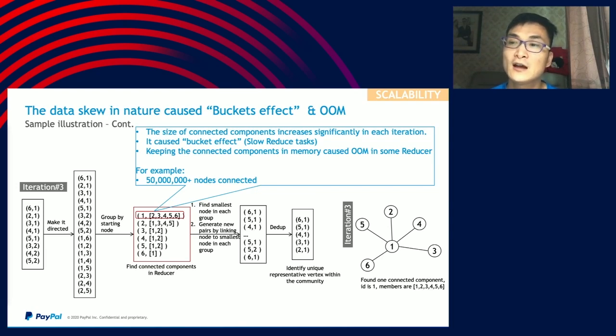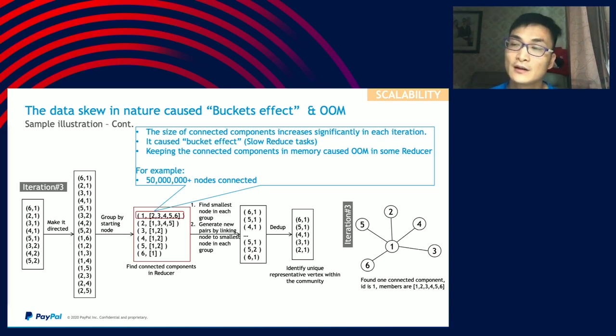And since in the original implementation of our algorithm, we keep all the values in memory, it results in the out of memory issue. We can say the skew happened in the group by step, and the out of memory happened as well.